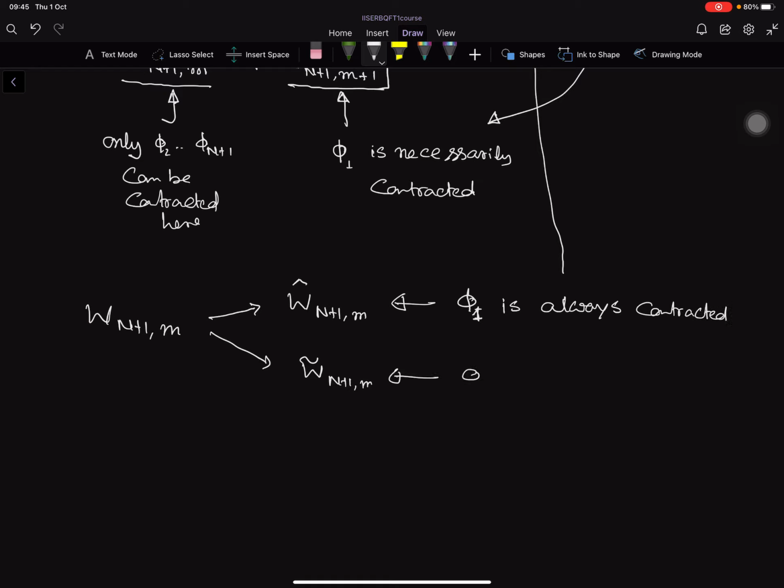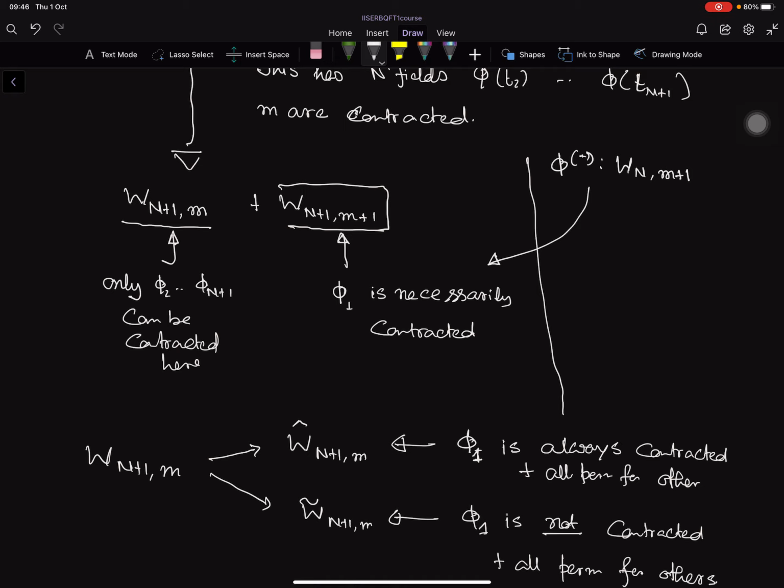And this you get where phi 1 is not contracted, and of course all permutations for the others. So this is simply W tilde, because here phi 1 is not at all contracted, and this is simply W hat.